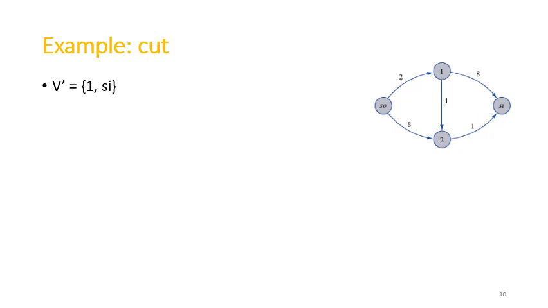Suppose I chose nodes 1 and sink to be in V prime. Remember that the requirement for nodes in V prime is that you need to include the sink, but you cannot include the source. So any other node is okay. So here 1 and sink is okay to be included in V prime.